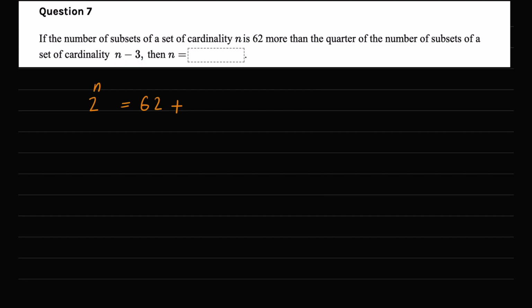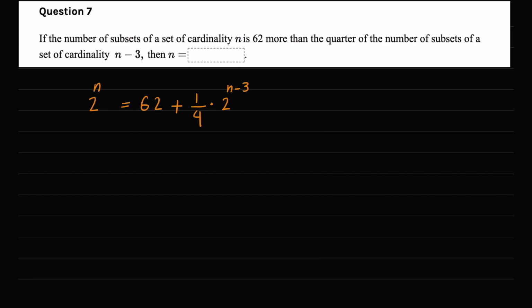The number of subsets of a set of cardinality n minus 3 for the same reason becomes 2 to the power of n minus 3, and a quarter of them is just simply this. So the only thing that you have to do is to translate this into mathematical notations and then try to solve this equation and find your n.